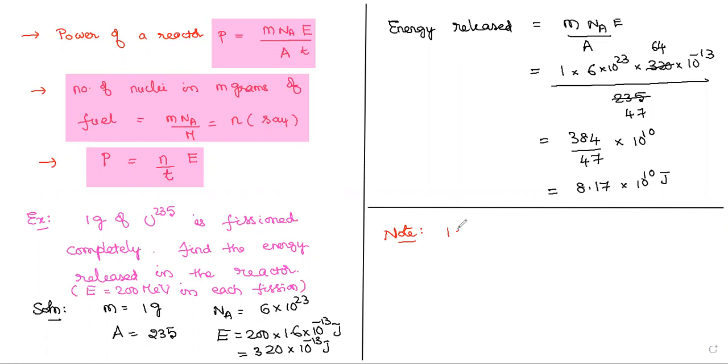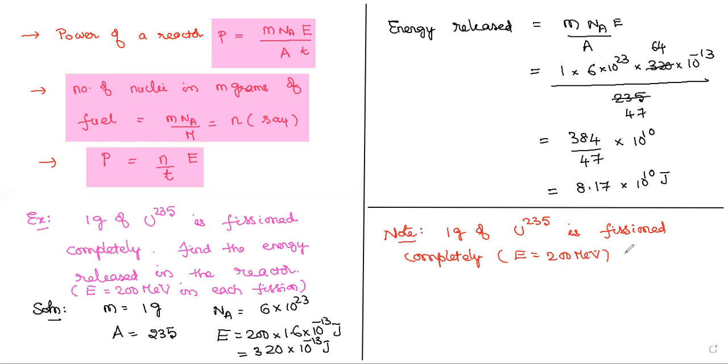So note what I write here: 1 gram of uranium, particularly 235 only, not 233, is fissioned completely. And one more condition: E, the energy released in each fission, is 200 MeV only, not changing this value like 220 or 230.